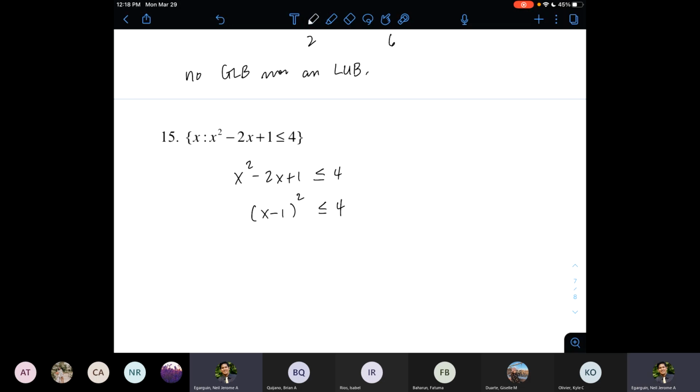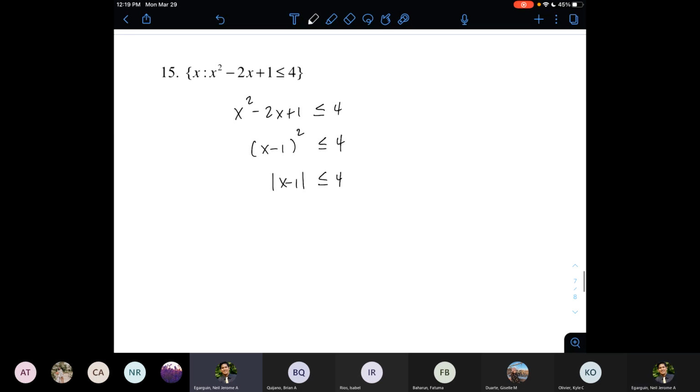And then I'll take the square root of both sides, but be careful: when you take the square root of x minus 1 squared, you write it as x minus 1 inside absolute value symbols, and this is less than or equal to 4. And if you have an absolute value less than or equal to a number, then it will be translated into a continued inequality. So this would be x minus 1 between negative 4 and 4. And then we solve the inequality by adding 1 to all sides.